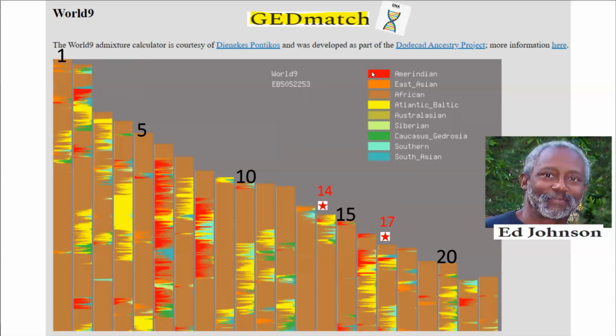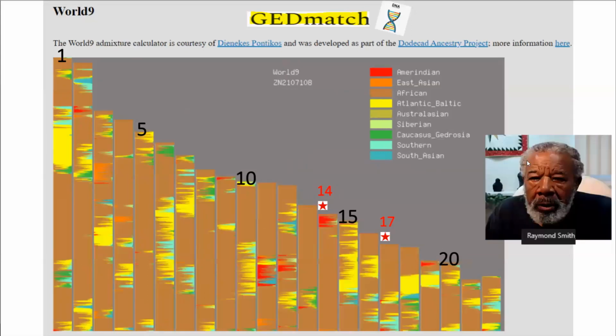Can I then begin to see on which chromosomes this Native American signature is showing up? And you see this heavy amount of Native on chromosome 6 for Ed, and a good amount on chromosome 8 as well, and then other places. But at least on chromosome 14 and 17, these were places where both Ed and Raymond had hits that would in theory show up on the same spot.